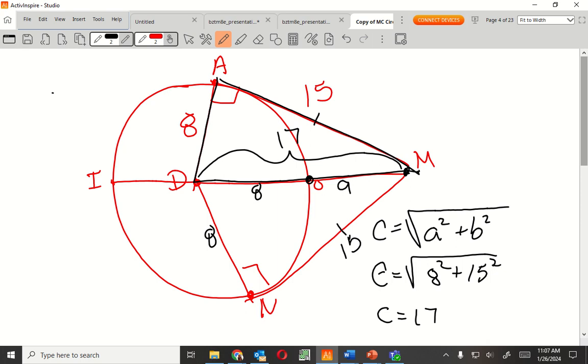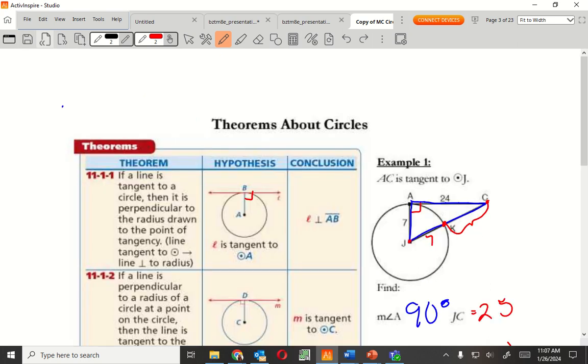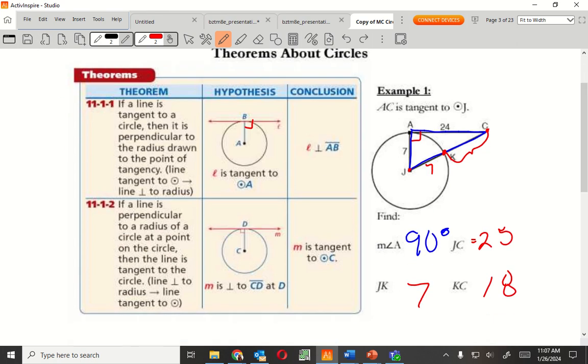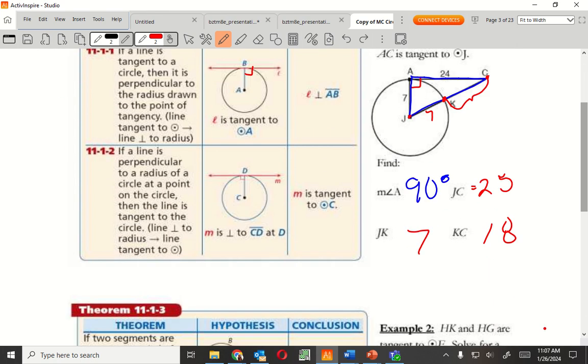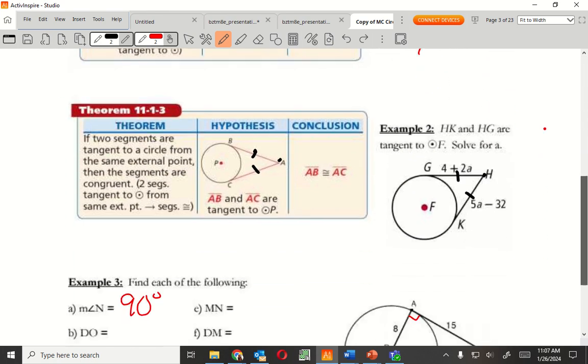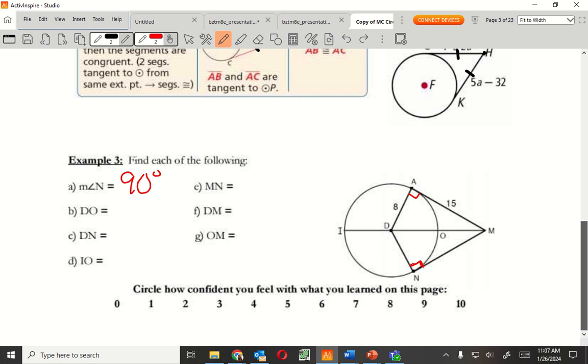All right, do you have it written on your paper right now? Because I'm going to change pages. We're going to fill these in. What was DO? 8. DN? 8.